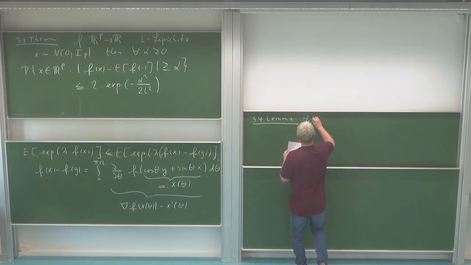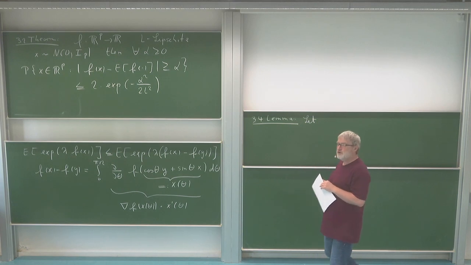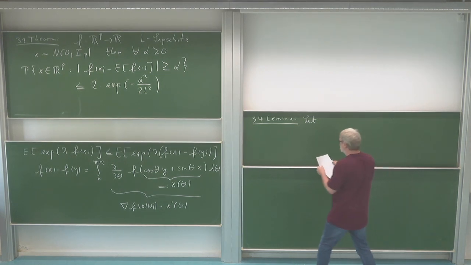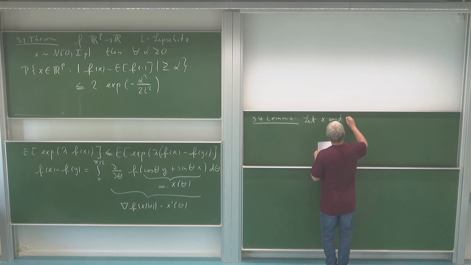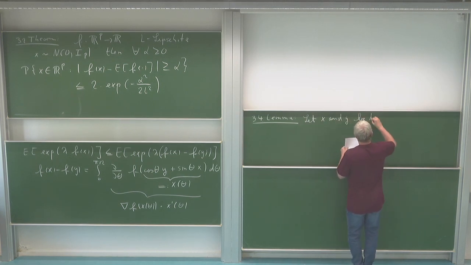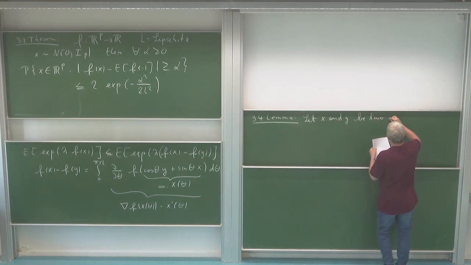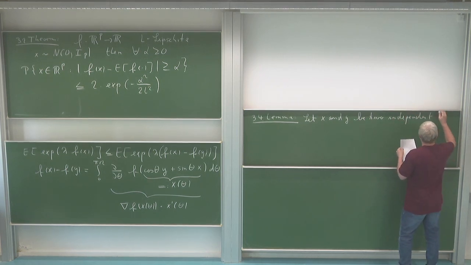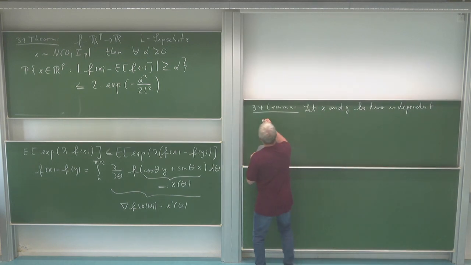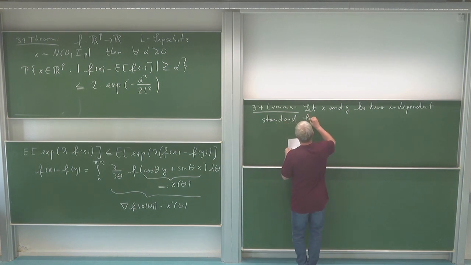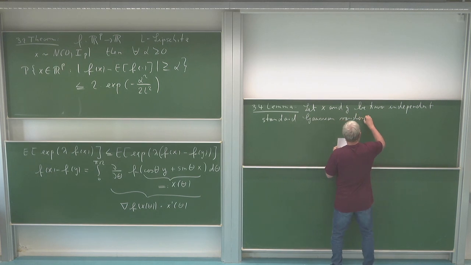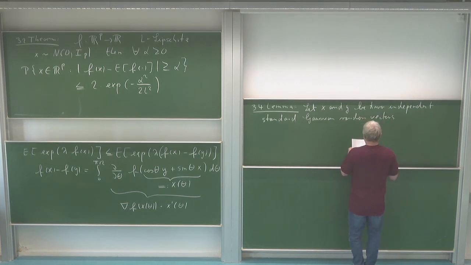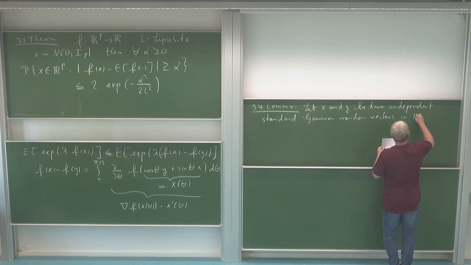Also, I consider, as I have it here, x and y, be 2 independent standard Gaussian random vectors in R to the p.